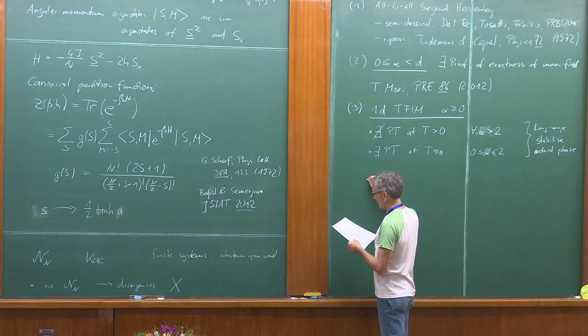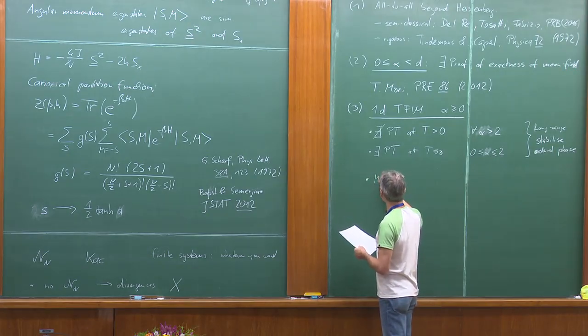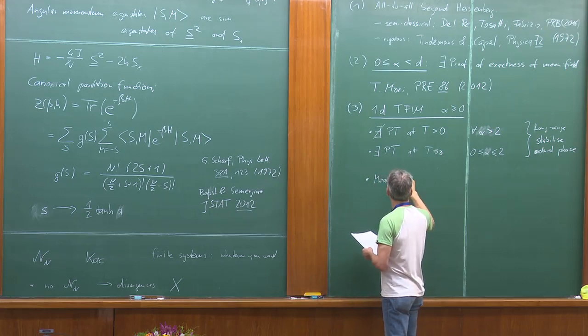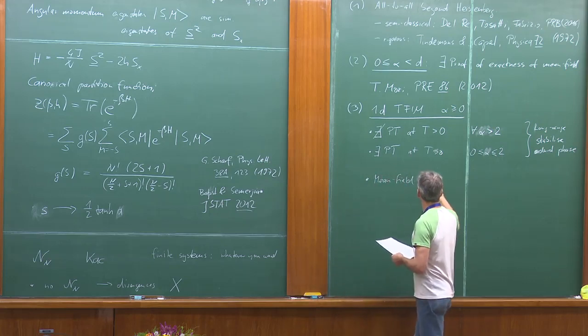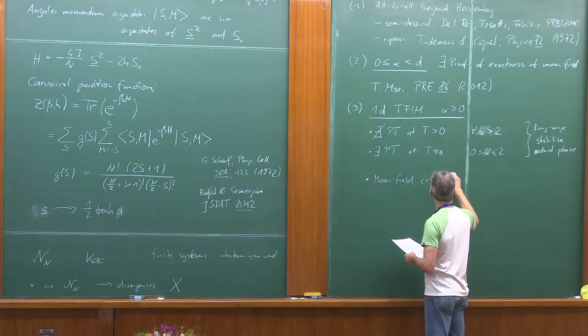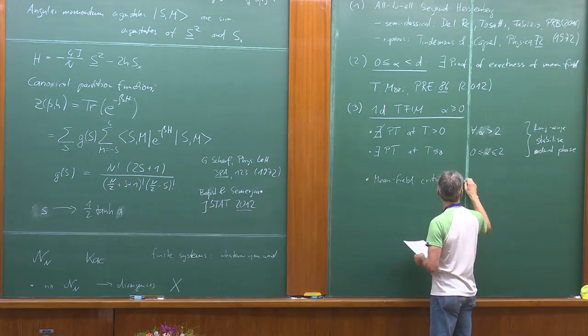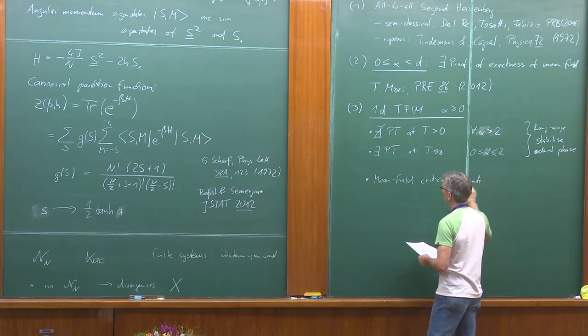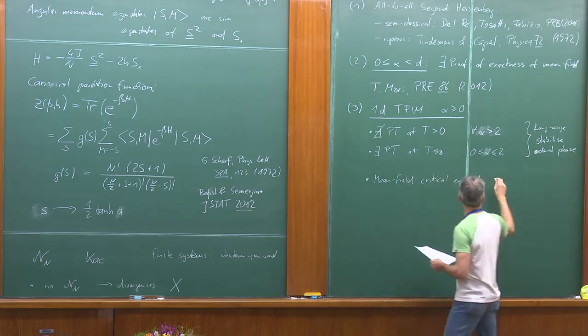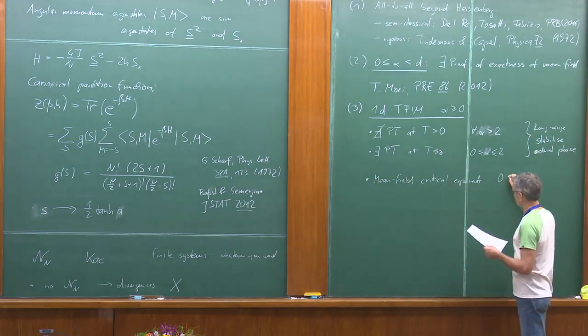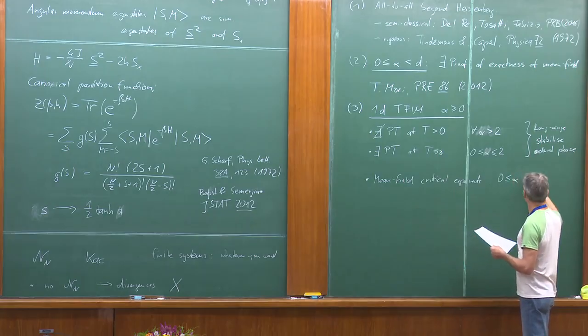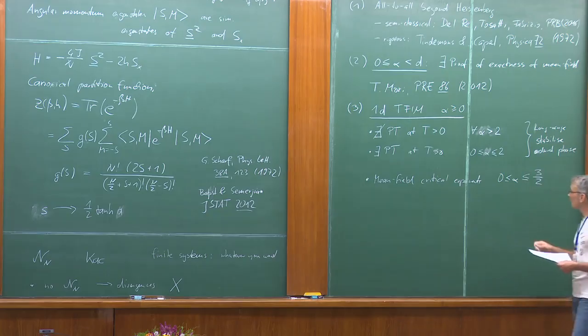So there is a regime where we find mean field critical exponents, and in this model, if I didn't look it up incorrectly, it was for alpha between 0 and 1.5.